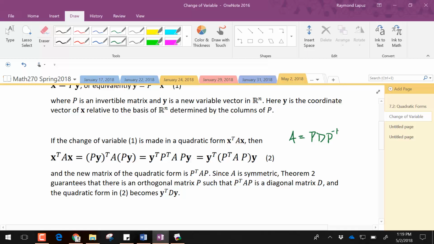And so P transpose A P can be replaced by D. And we know that if we multiply our variables by just the diagonal matrix, then this will have no cross product terms.